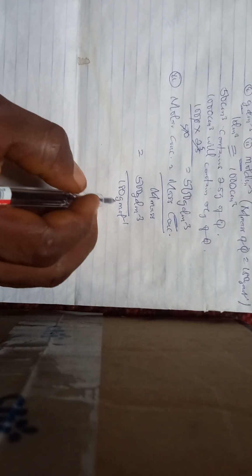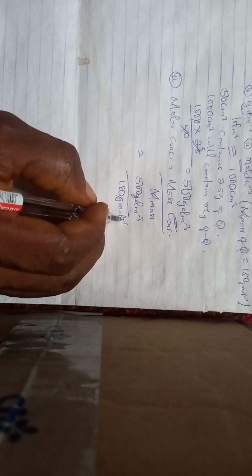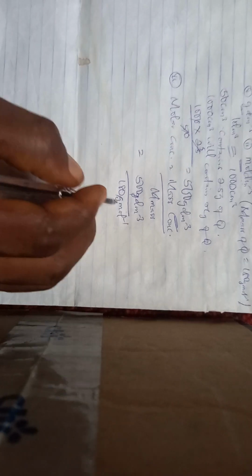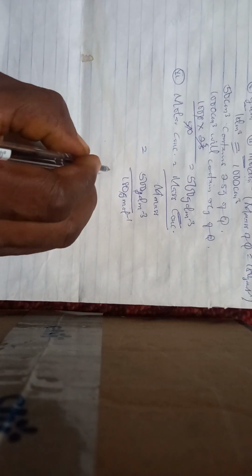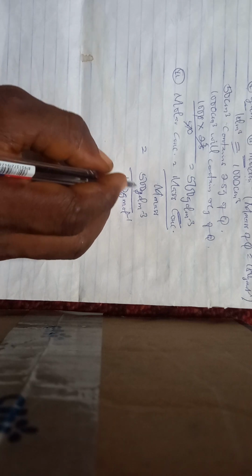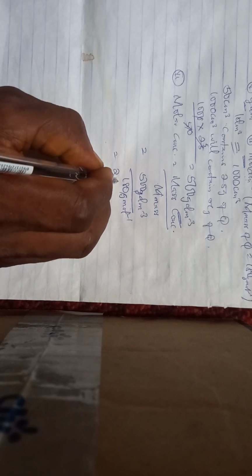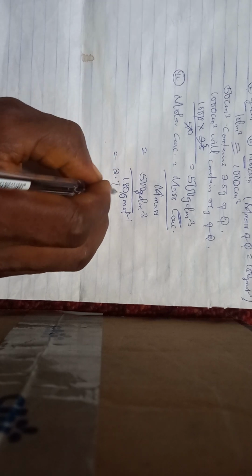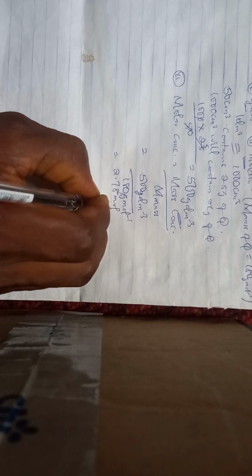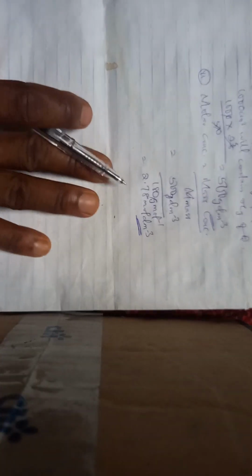So gram, we cancel gram, and when we take this one, this is an inverse. When it comes up, it becomes mole. So when you calculate 500 divided by 180, at the end of the day, we are going to get 2.78 mole per dm cube, and the second question has been solved.